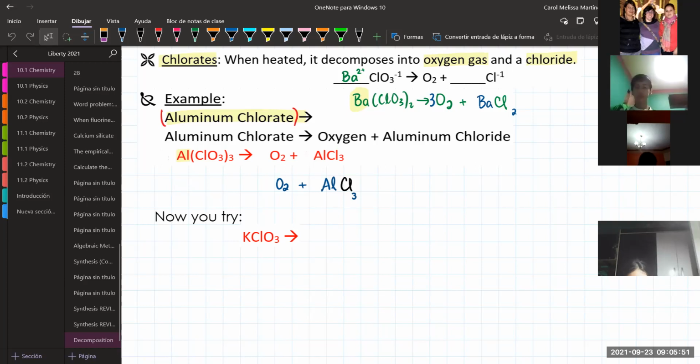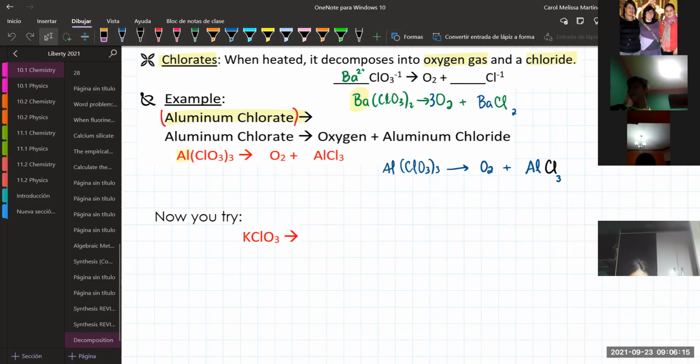So aluminum chlorate is going to produce O2 and aluminum chloride. This is the reaction. And all you have to do after is balance the reaction.